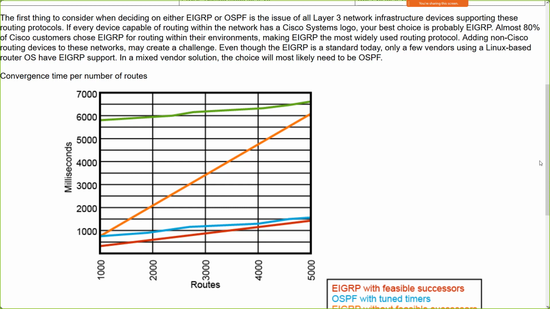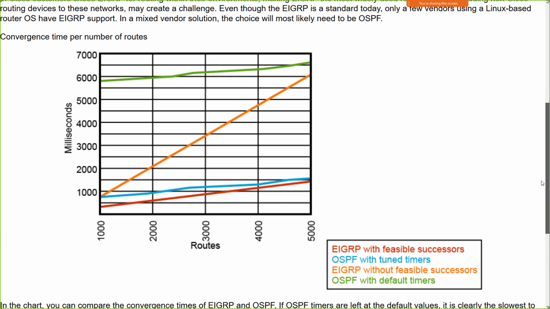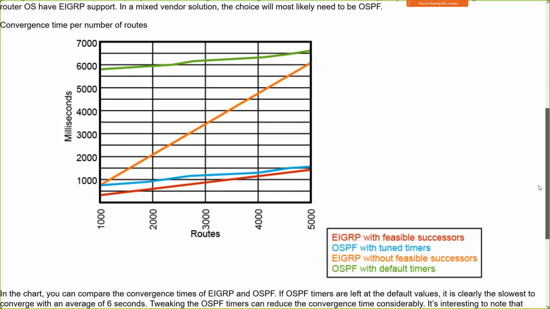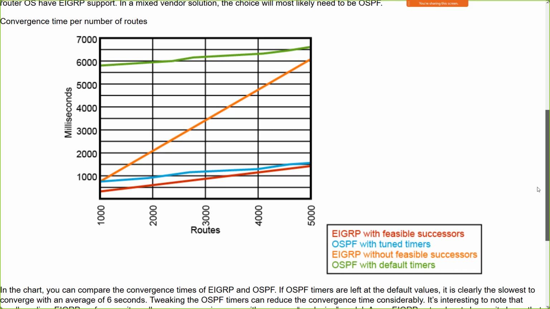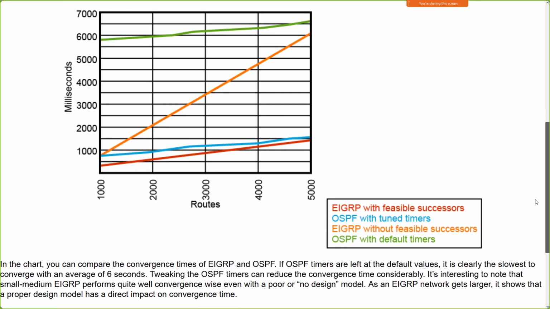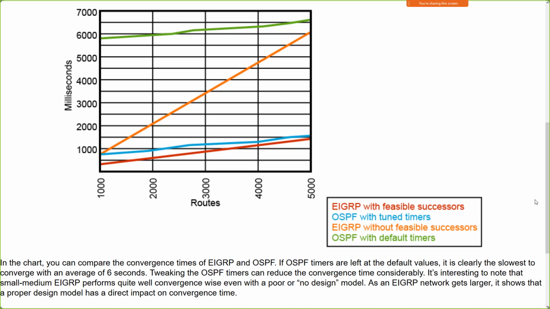All right. The last thing we look at here is the chart that describes the scalability of the protocol from a convergence standpoint. If we're talking about a realistic network design, scalability is not really much of a concern with OSPF or EIGRP.